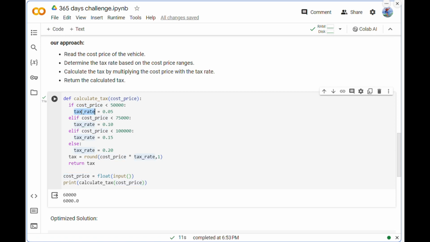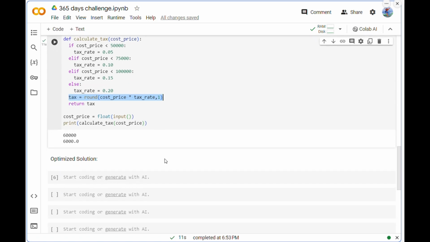We can't do anything with the cost price because we need to check it, right? But we can remove this tax rate. So we can directly calculate this and directly return this, so it will save some of the memory we are utilizing here. So let's do that.